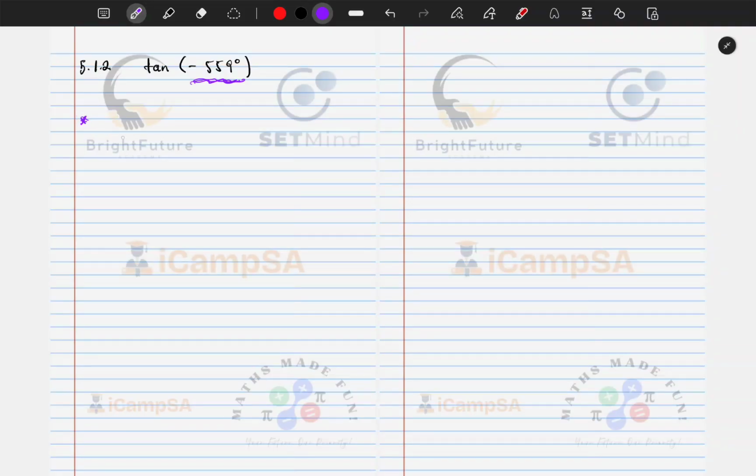So we are going to try to write your negative 559 degrees to a positive acute angle, right? That is going to assist us in solving this.